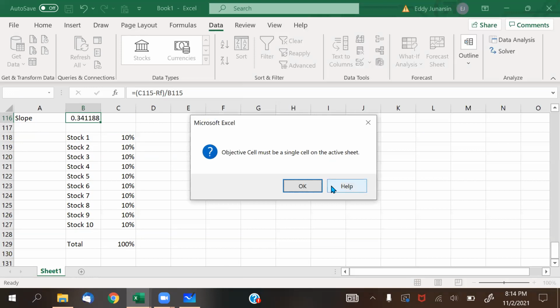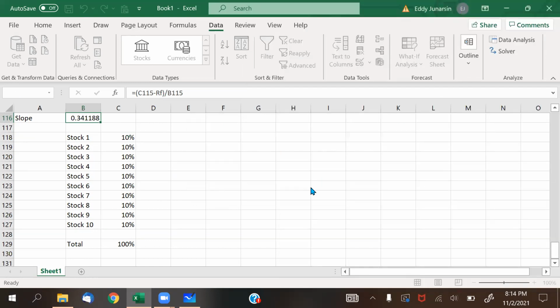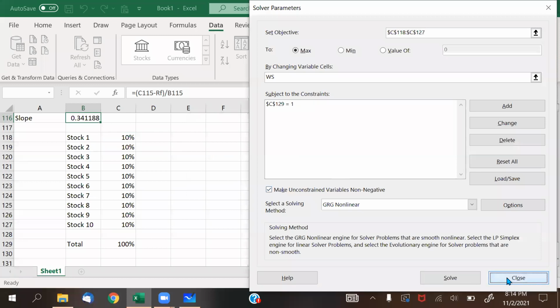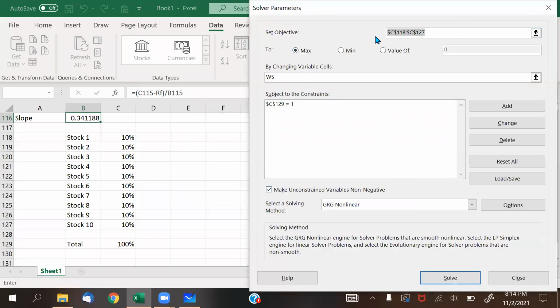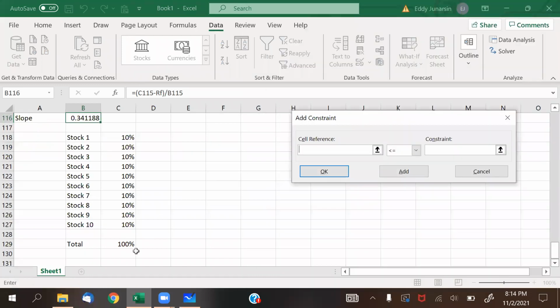Let me just repeat it here. So the objective is to maximize it by changing the new weights here, and then the constraint: the total amount of investment should be 100%.